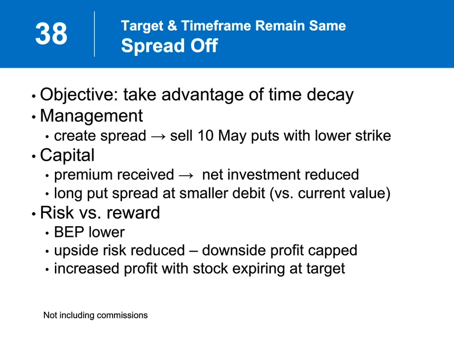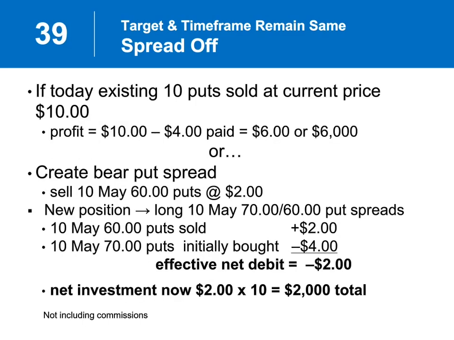And that's really the motivation here, trying to make additional profits rather than just that $6 plus whatever premium was left with the stock at 60 with 30 days to expiration. So let's go through that a little bit. If we sell the current puts at $10, we paid 4.